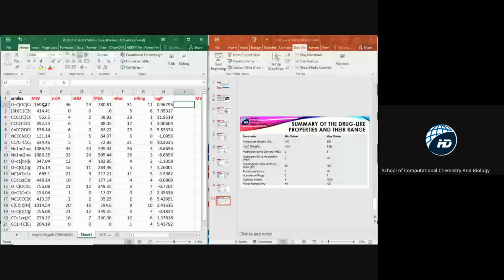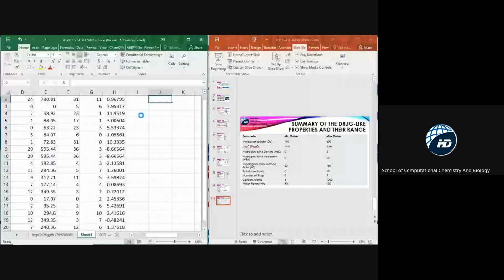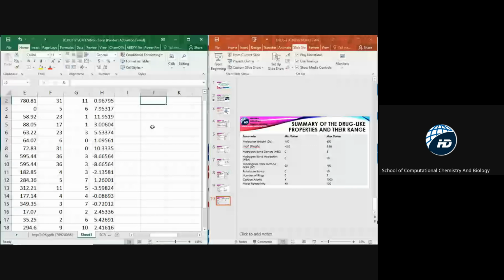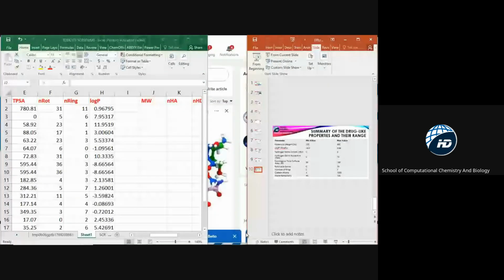So how do you write the function? Molar weight is in your B2. So we'll come to this molar weight. Let me zoom my screen so that we can see it properly. I'm actually keeping this Excel so that with my slides, we can be seeing the range.